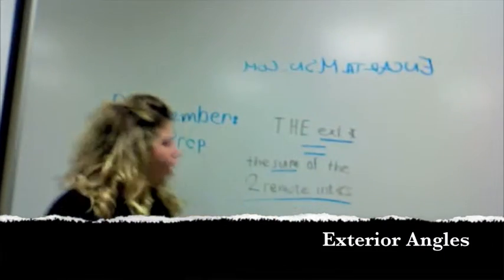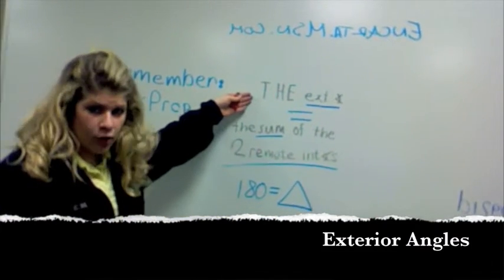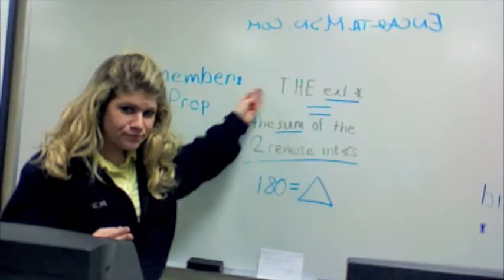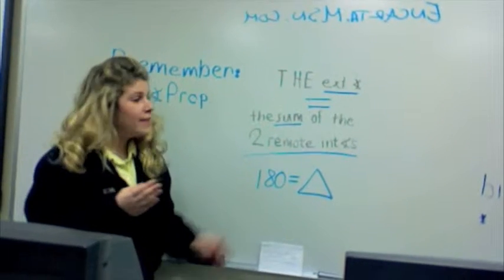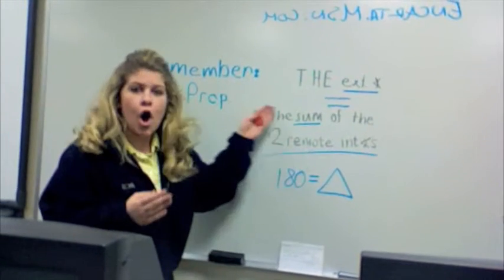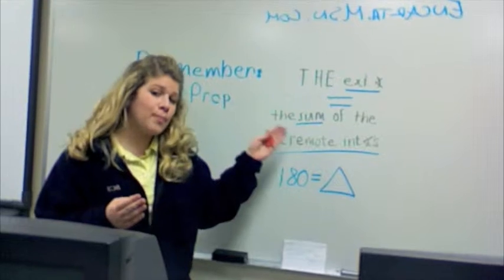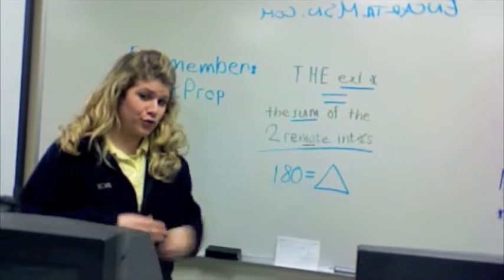Important things to remember are the exterior angle theorem property. Here it states that the exterior angle always equals the two innermost remote angles on a triangle.